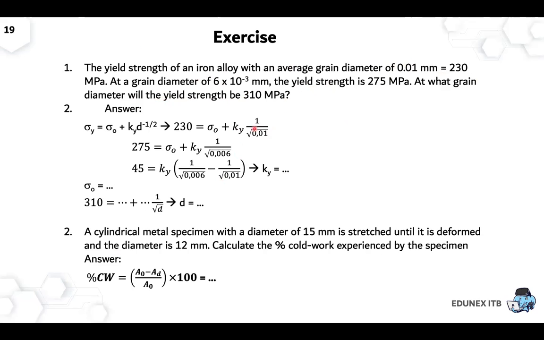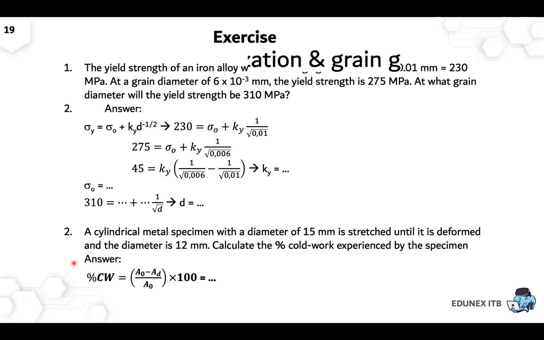So I think you can try it at home. The second one, percentage of cold work. If you have a 15 diameter that is stretched until 12 millimeters, you can also try to do it at home.